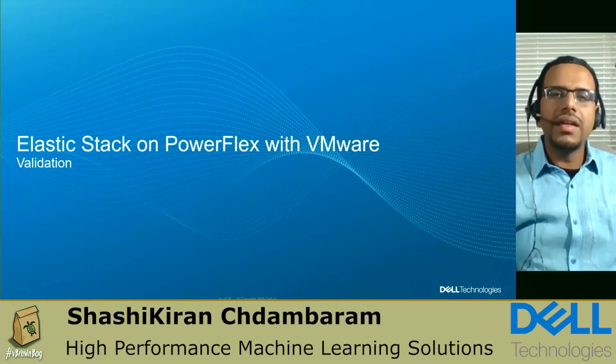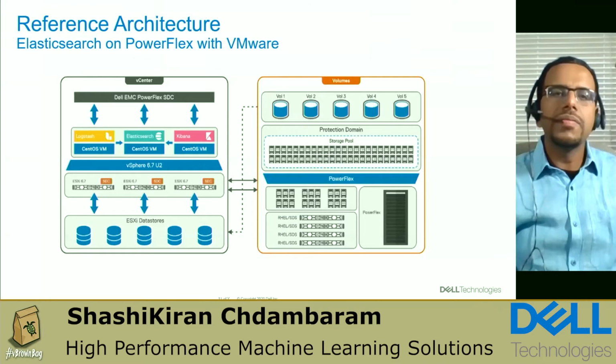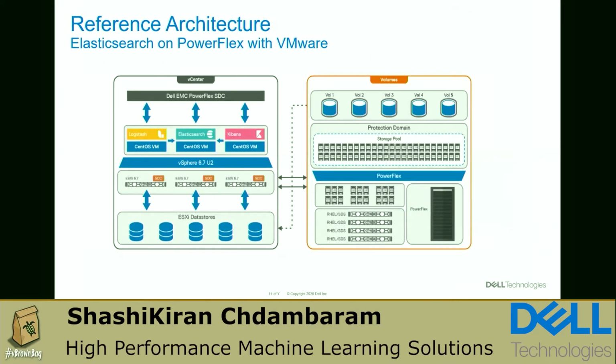So let's go into detail on some of the specific validation and reference architectures we have developed with Elastic Stack on PowerFlex with VMware and containers. We have a reference architecture. This is a partner validated solution.